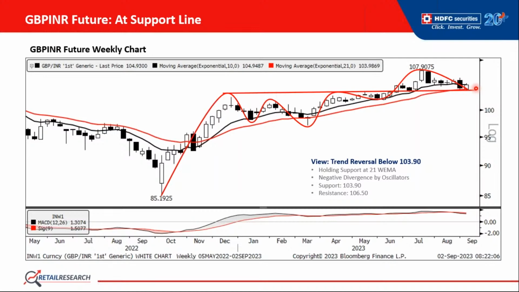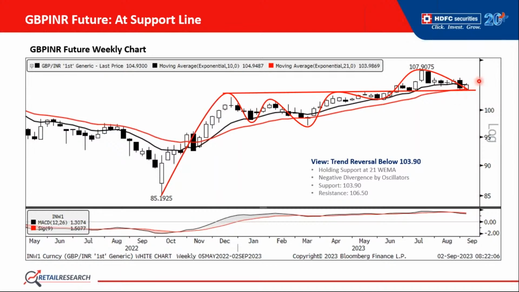So just like the Euro INR, we expect that as long as it holds the level of 103.90, one should remain on a bullish side, because the overall trend for the GBP INR is relatively better placed than the Euro INR, and any level above 106.50 could be a fresh buy trigger.